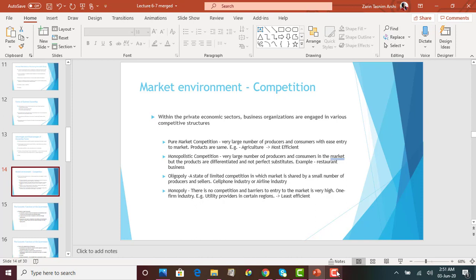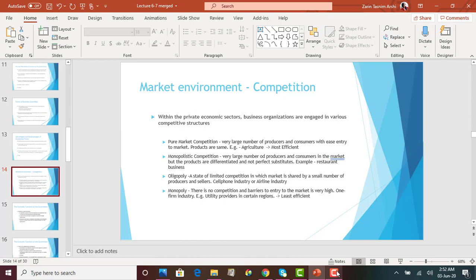Also, it is very difficult to enter this type of market. I cannot just go and start an airline today. It requires a lot of capital investment, skills, and expertise, which not everyone can achieve. That's why the barriers to entry are very high, and this type of market structure is called oligopoly.